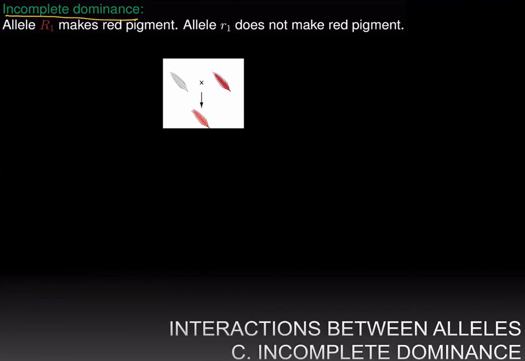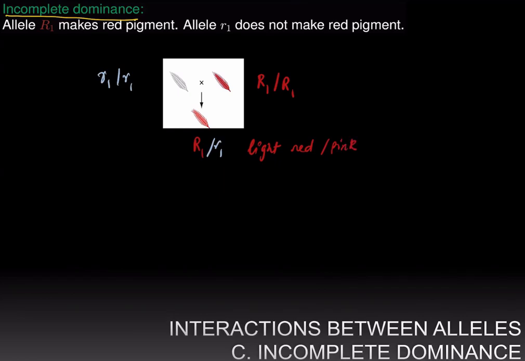To go back to our example of the color of wheat kernels, let's say big R1 homozygotes have red kernel color, whereas little r1 homozygotes have white kernel color or no pigmentation, then the hets, big R1 over little r1, will have light red or pink color.